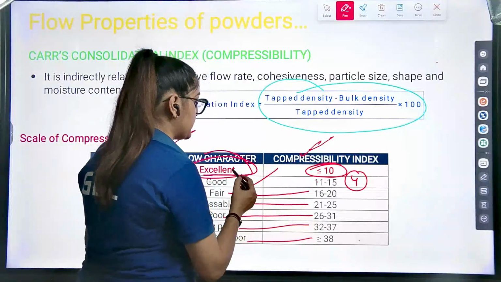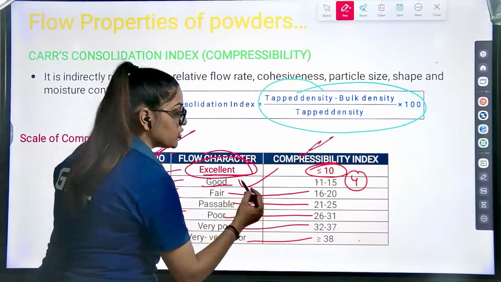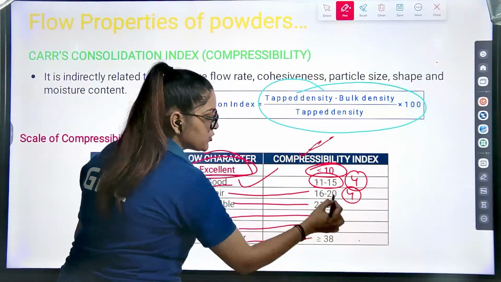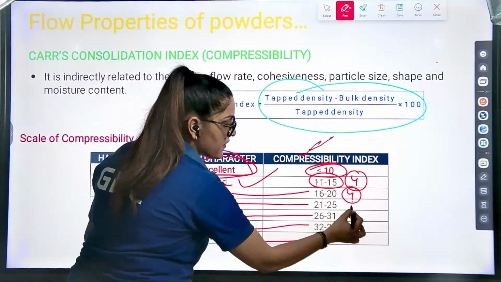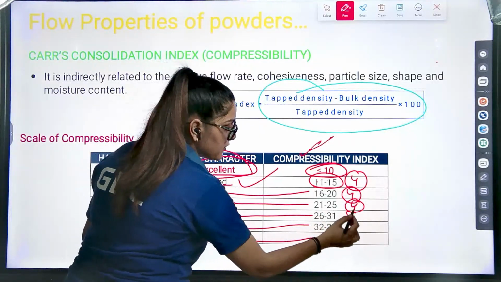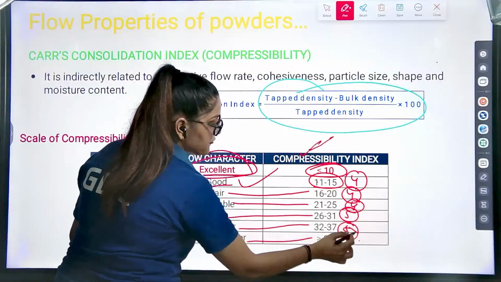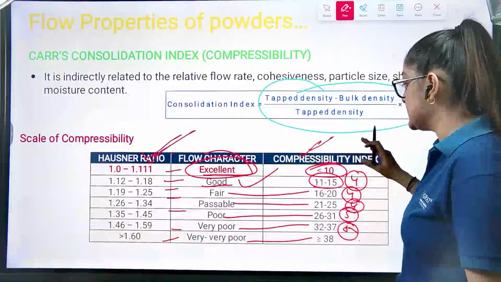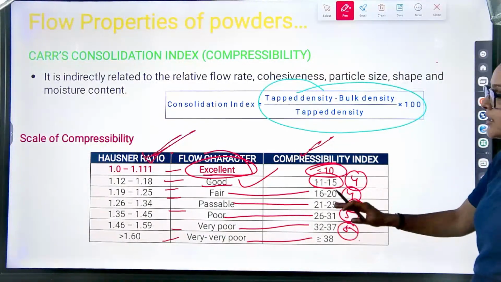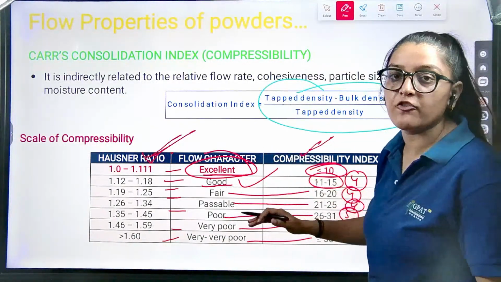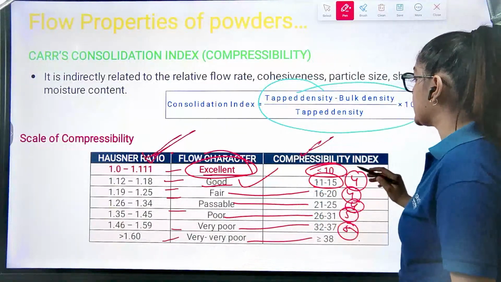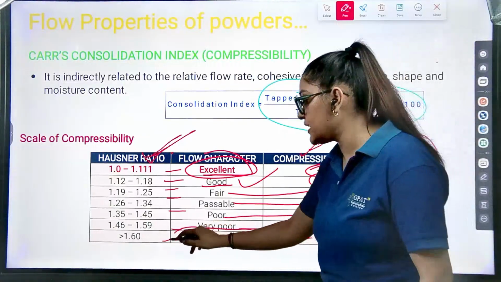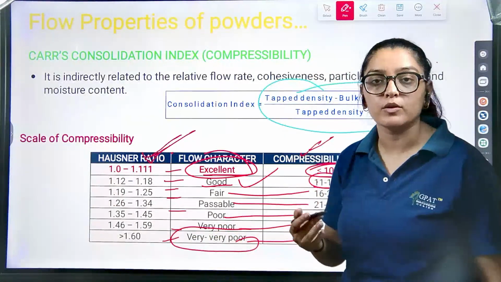Simple way to find out: excellent, less than 10; good will be plus 4, 11 to 15; plus 4, 16 to 20; plus 4 in between these; then 26 to 31, almost 5, then 5, right? So this way you will remember which value holds what kind of powder flow, right? So whatever we found, I think we found a value of 50, it will offer a very, very poor powder flow.